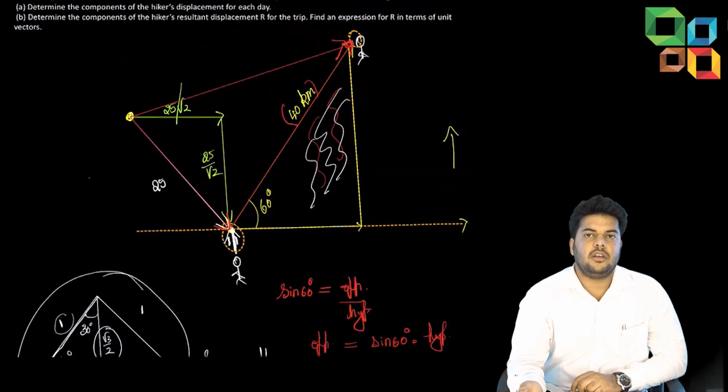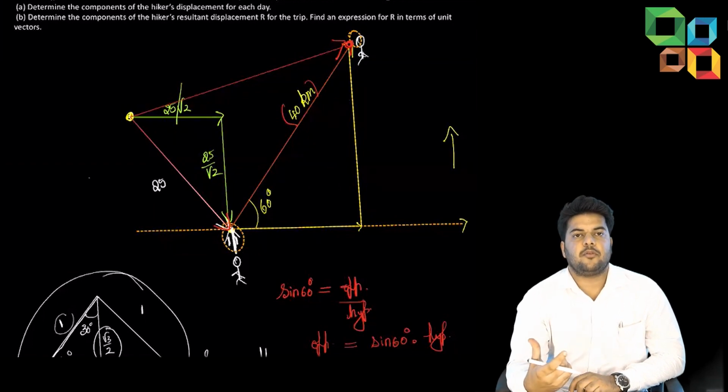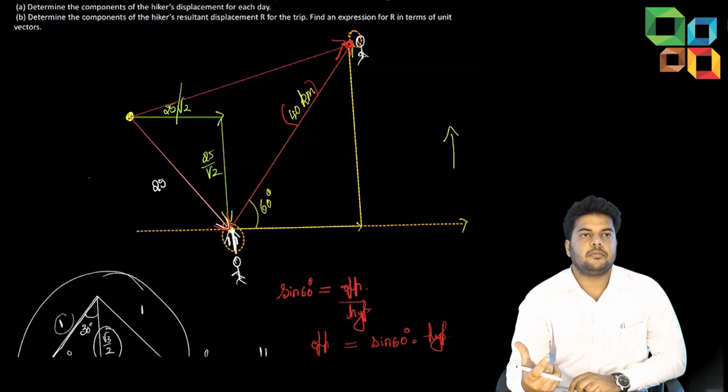It has 40 kilometers as the hypotenuse, isn't it? So what should the height of this triangle be? The hypotenuse is multiplied by 40, so the height also should be multiplied by what?